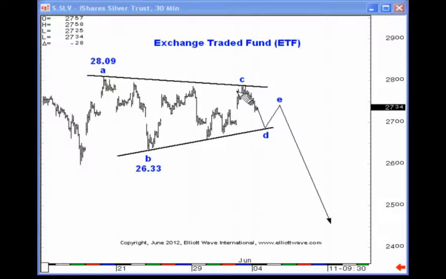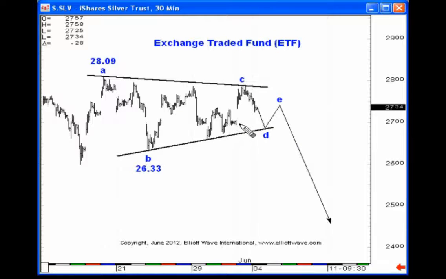In this instance, we can look at 27.89 ideally as a key resistance, but the critical resistance mark comes in at 28.09, the extreme of wave A. So what I'll be looking for as we move into the next few trading days are waves D and E. I see the price gap right here, a very attractive target for wave D. One more push up, but if we can keep prices below 27.89, better yet 28.09, then we can continue to view this move as very much a corrective wave pattern, i.e. the sideways price action.